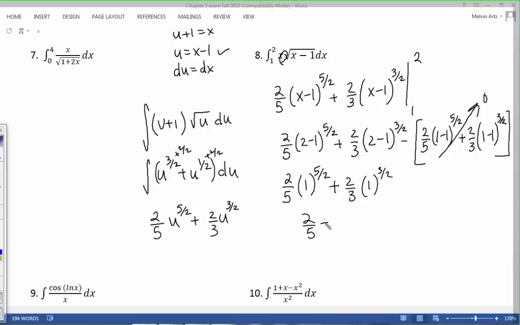So that leaves us 2/5 plus 2/3. And if we get our common denominator of 15, we would have 6 plus 10. So we would have 16/15.